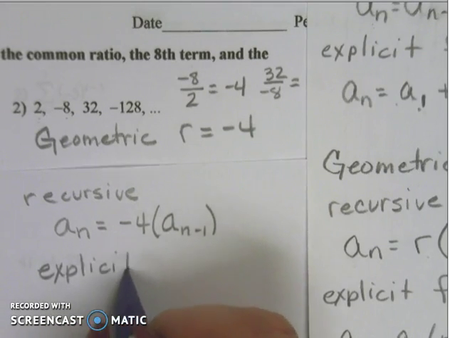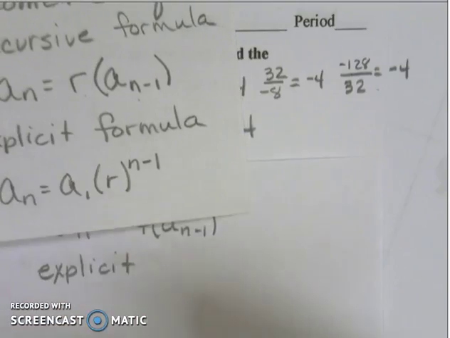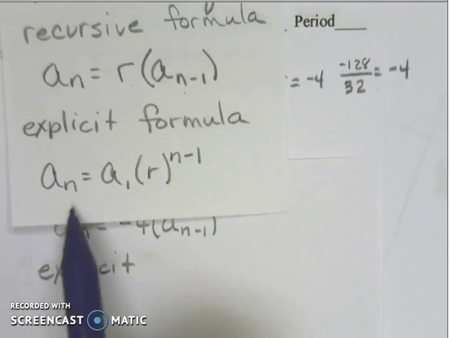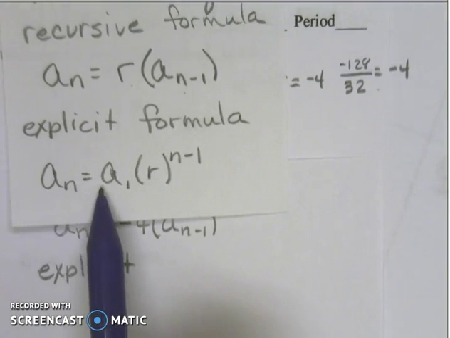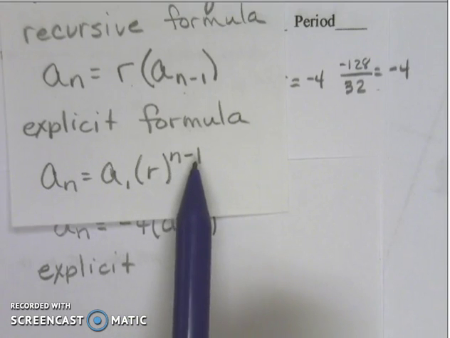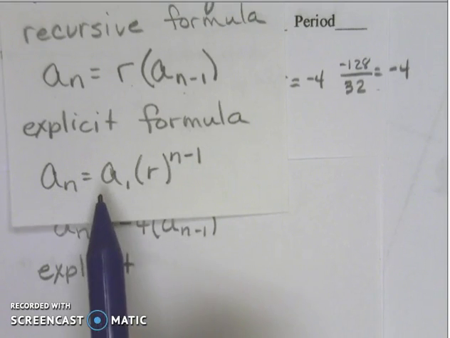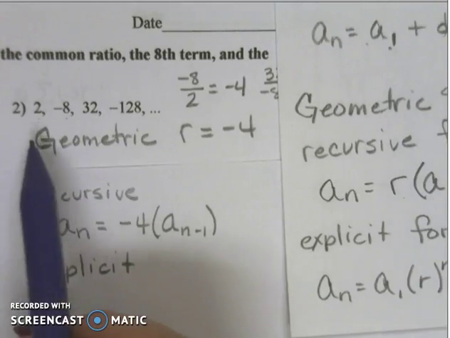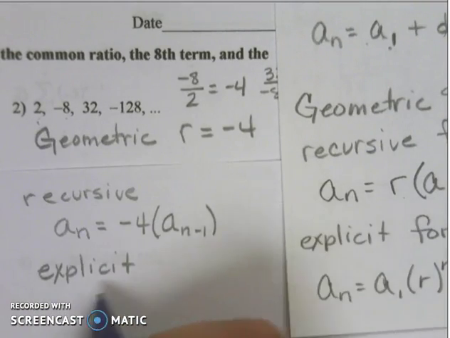Now to write the explicit formula. Let me slide that in up here to review that formula with you. There we go. A sub n is equal to a sub 1 times r to the n minus 1 power. So I need my first term and my r. In this problem, my first term is 2.